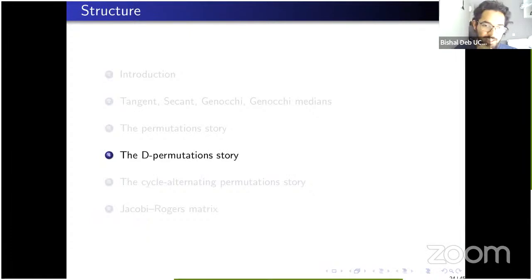So let me proceed. Now that I've told you about the linear picture, let me tell you what happens in the quadratic case. So let me go back to depermutations. Recall that depermutations are permutations on 2n letters with some inequality constraints for indices and values, and these are different depending on whether your index is even or odd.